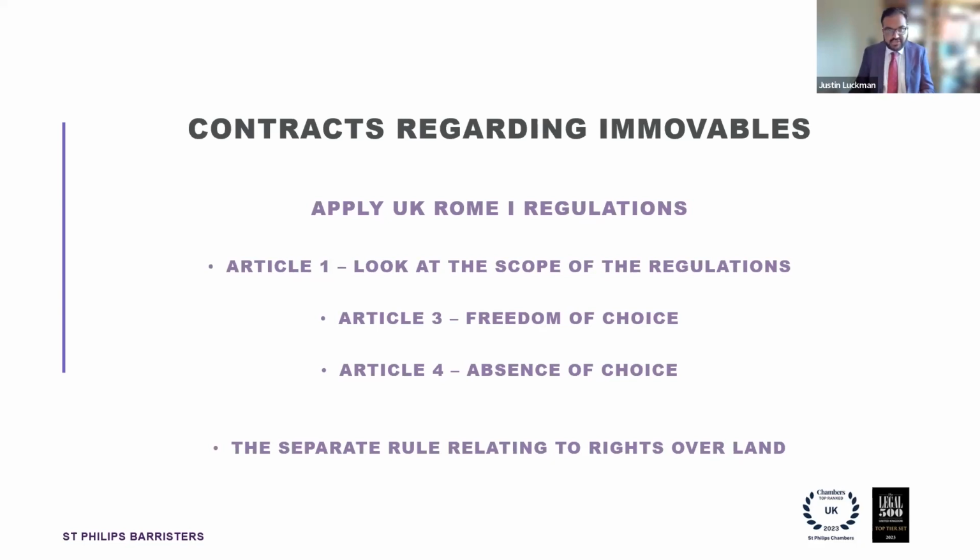That shows an application of the escape clause provision, albeit I believe that might have been in respect of the previous Rome Convention, but nonetheless, it can still apply here. And a similar point was made in the Giuliano-Lagarde report, where it was stated that the presumption could be rebutted if two persons, for example, resident in Belgium, were to make a contract for renting a holiday home in Italy.